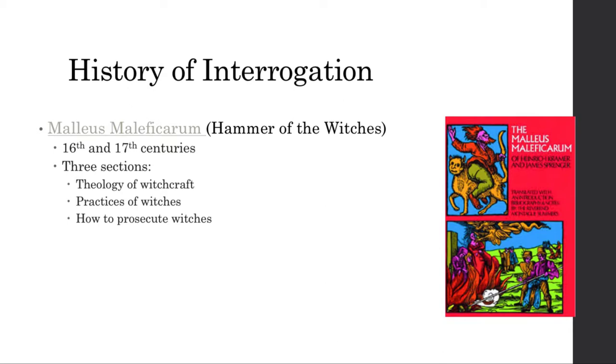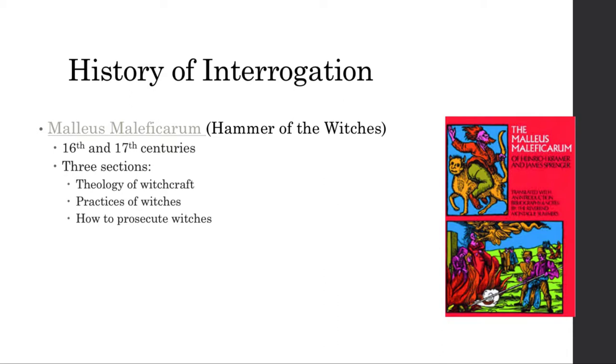Beyond that, the section asserts that not to believe witchcraft was real was in itself also a form of being a witch. So if you didn't believe that witchcraft was real and that it was dangerous, you were essentially just as bad as a witch. And this may also subject you to being accused of being a witch, which you don't want, as you'll learn through the prosecution of witches.